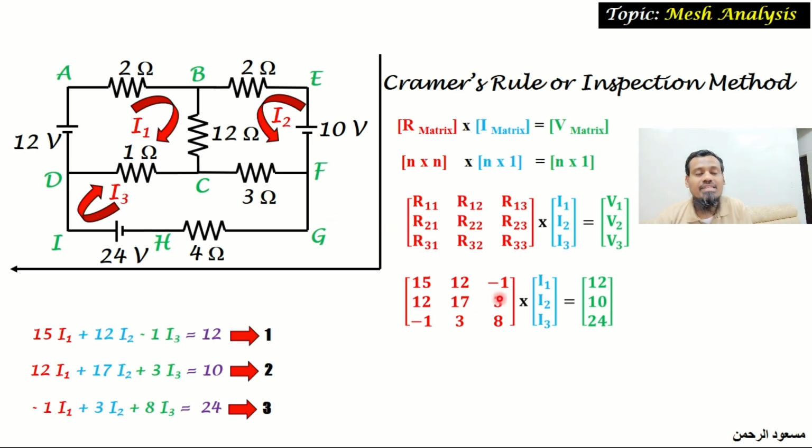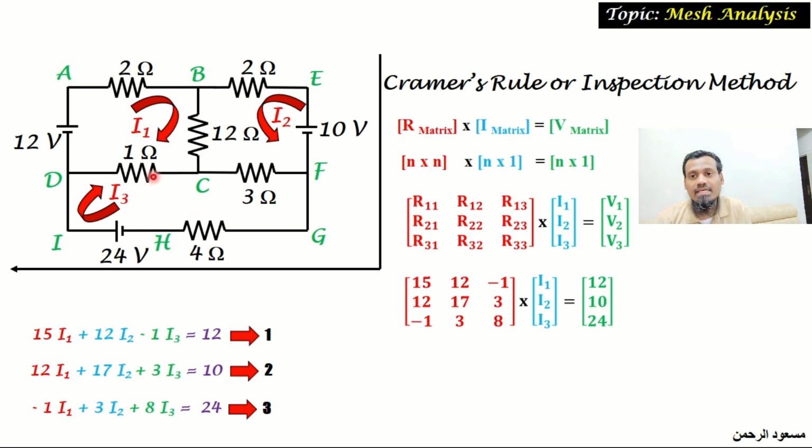Because the currents I2 and I3 are flowing in the same direction. So it is positive 3. And R31, which is equal to R13, R32, which is equal to R23. And the last element R33, the summation of the resistances connected in loop 3. So it is 1 plus 3, 4, 4 plus 4, 8.